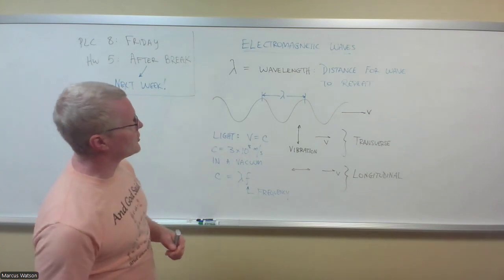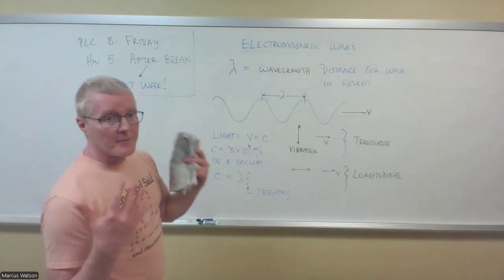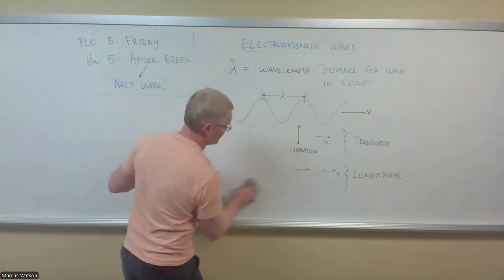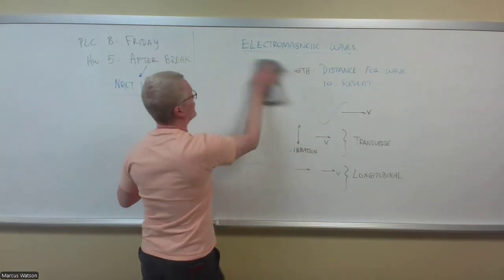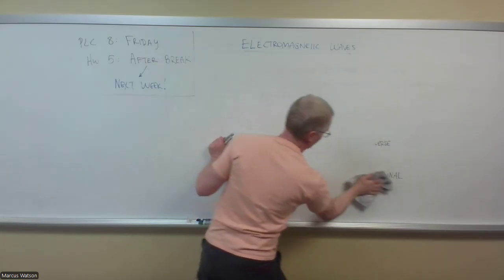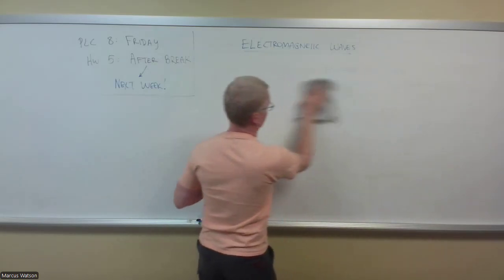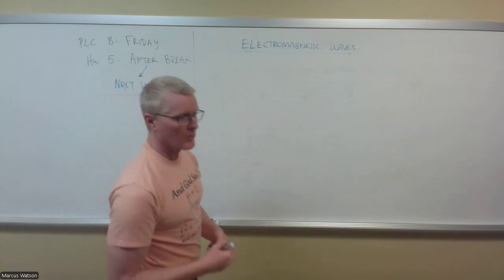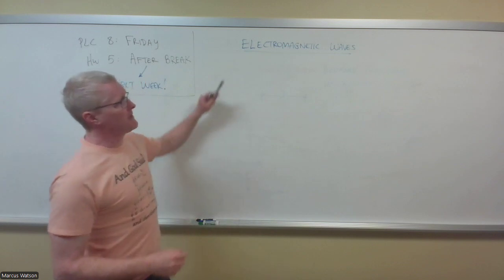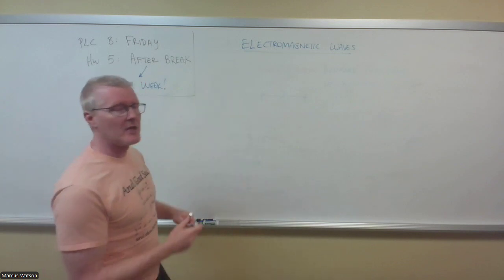Okay, so I'm talking about light as an electromagnetic wave. What does this mean? In case you haven't had 4B, or if you have had 4B, or if you had 4B with me, which I don't think anybody in this class has, hopefully you talked a little bit about electromagnetic waves. What is this?